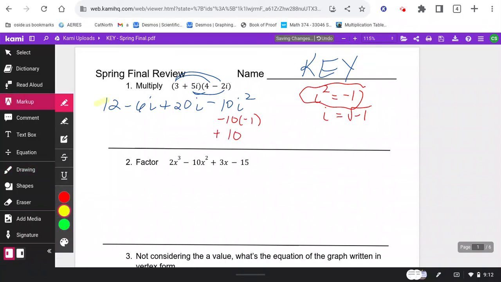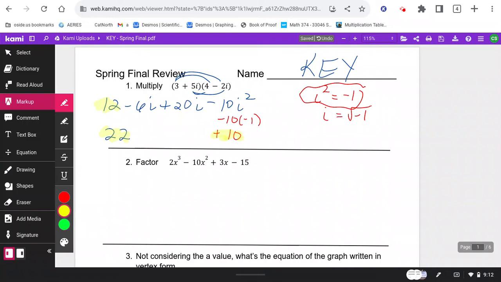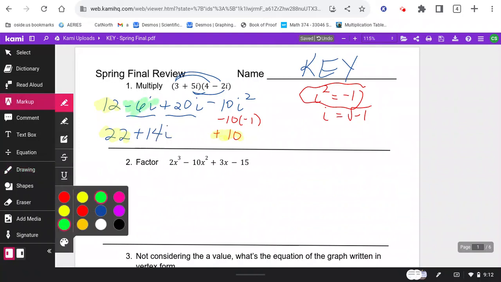So now we combine our like terms. We have a positive 12 and 10. That gives me a total of 22 when we combine those together. And then we have a negative 6i and a 20i, and because they're different signs, it subtracts to give us 14i.